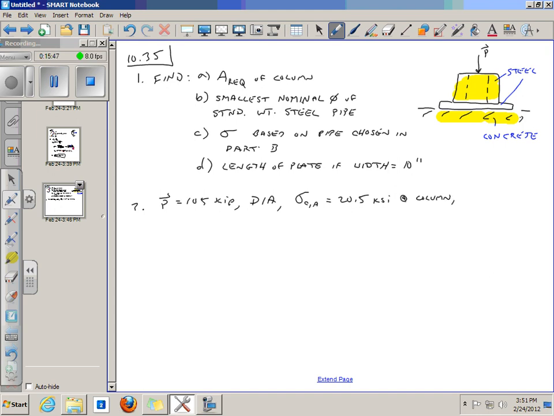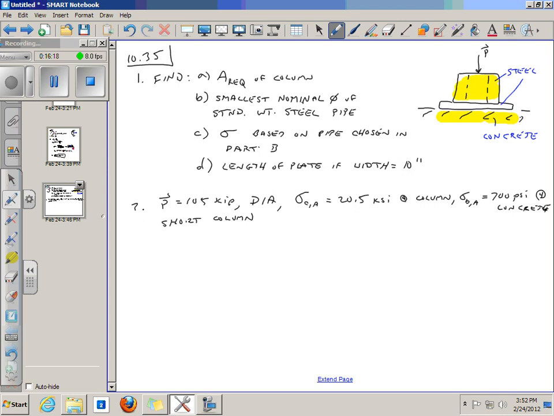Okay, they told us that the allowable bearing stress, so sigma B allowable for the concrete, is 700 psi. What else? We're assuming that this is a short column, so that buckling is not an issue.